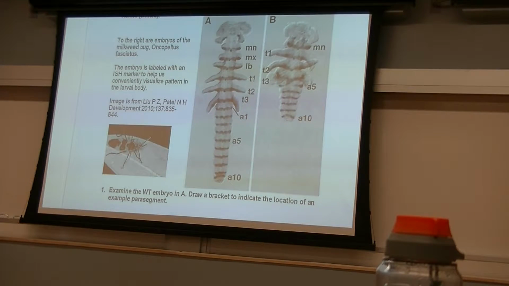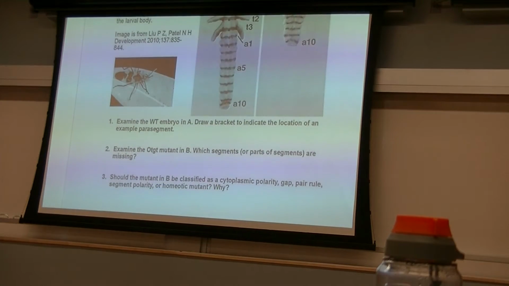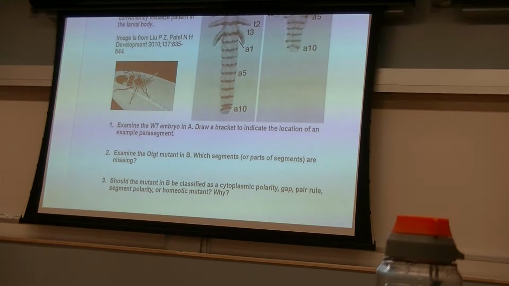So based on that, how should we classify this? Cytoplasmic polarity, which is one of the maternal products, might be missing. Gap gene, pair-rule gene, segment polarity. What fits the best? Gap gene. Why? Missing a whole series of consecutive segments, right?